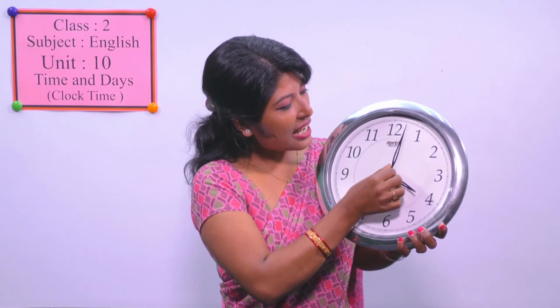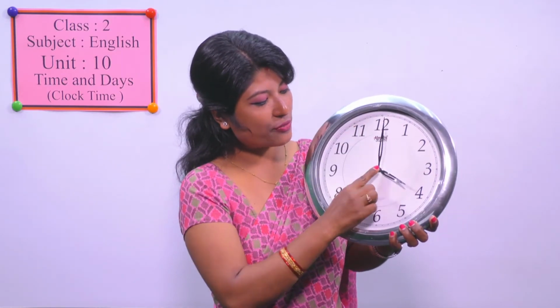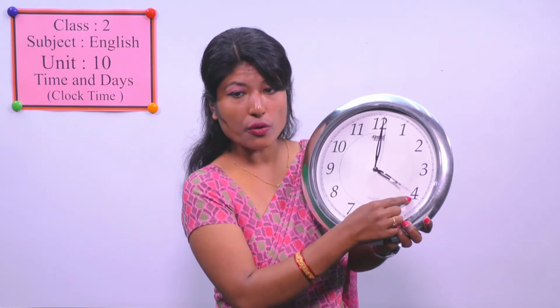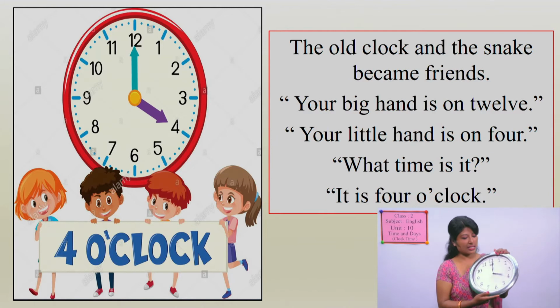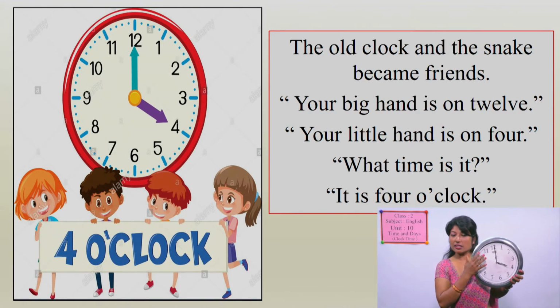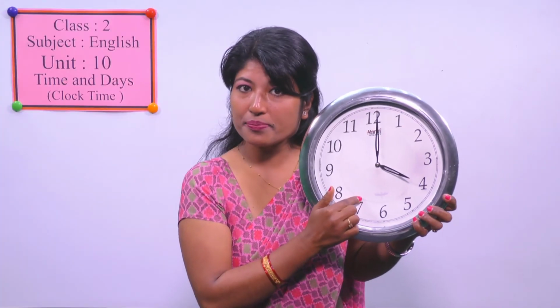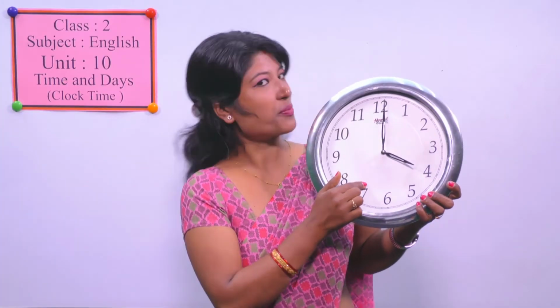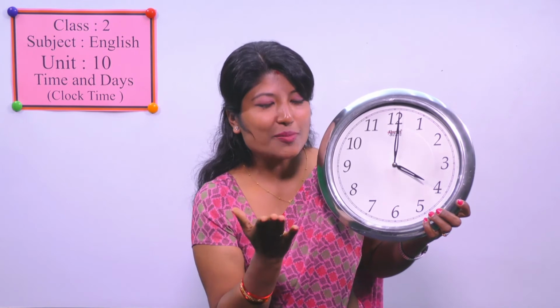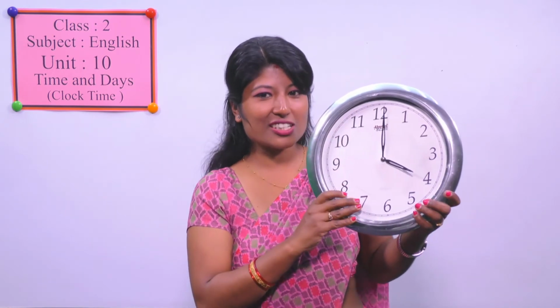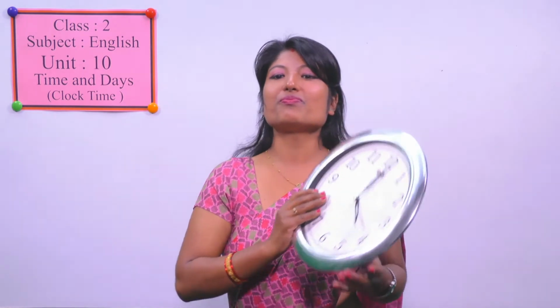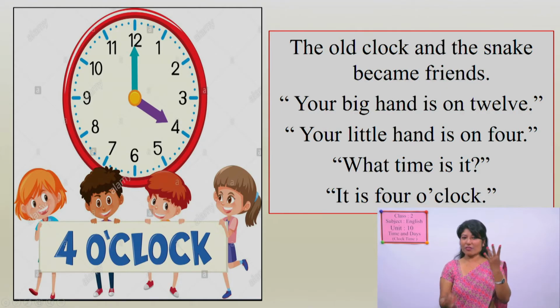The big hand is on 12 and the short hand is on 4. Then what is the time? Can you look at the clock and tell the time? Some of you might have already learned about it, right? So what's the time? It is 4 o'clock. 1, 2, 3, 4. 4 o'clock.